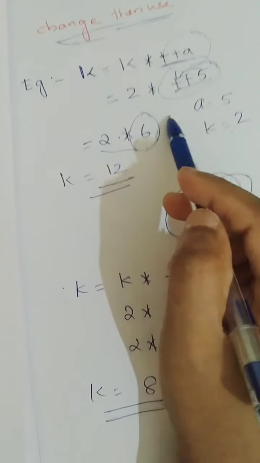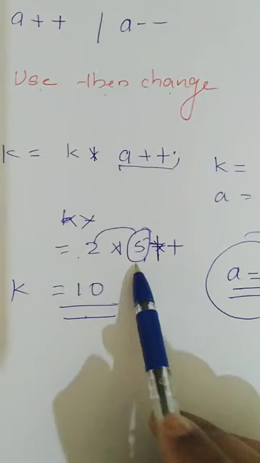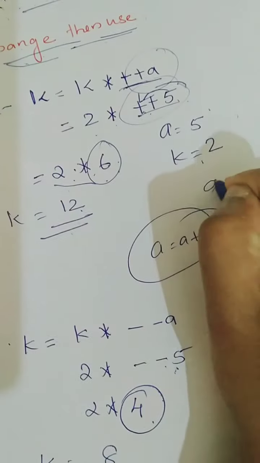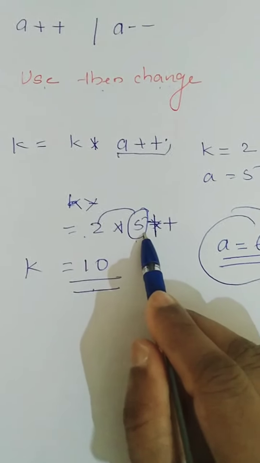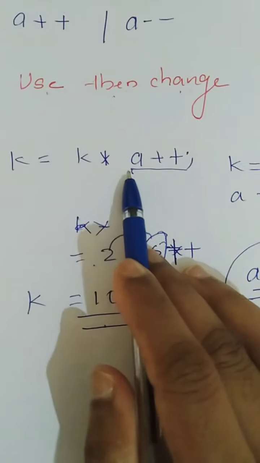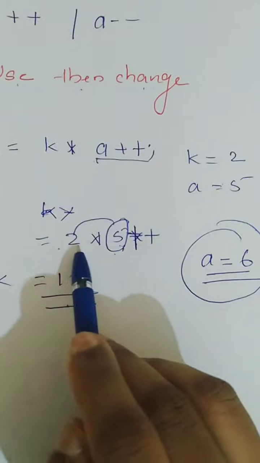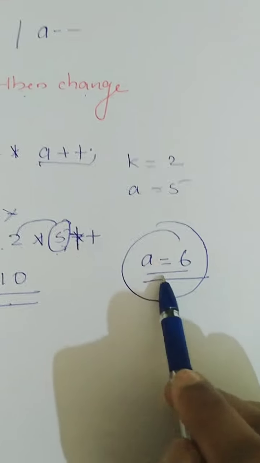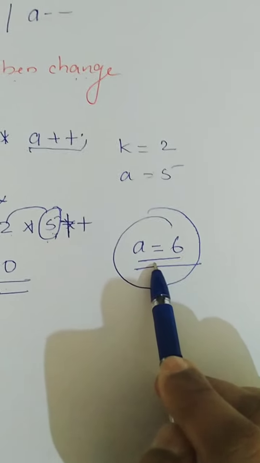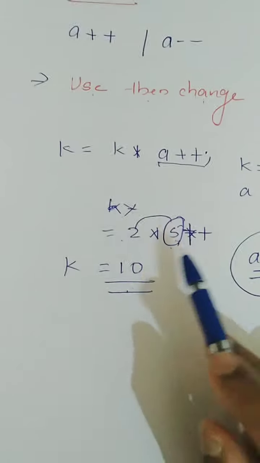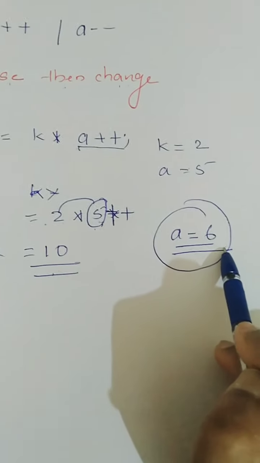In the prefix case it has first changed the value and then calculated, but here a becomes 6 afterwards, and it has used the value. a's value is 5, so it has used the value first and then only it is making changes in the value of a. It will not affect k, it will affect only a.